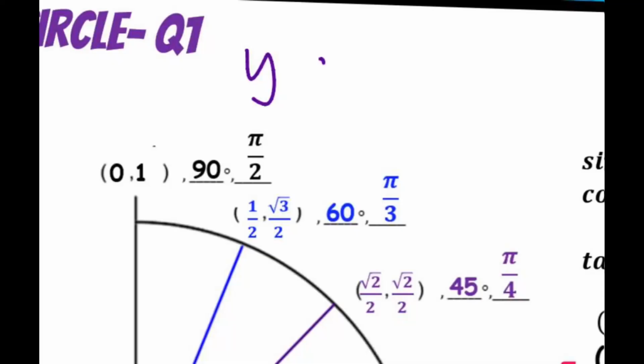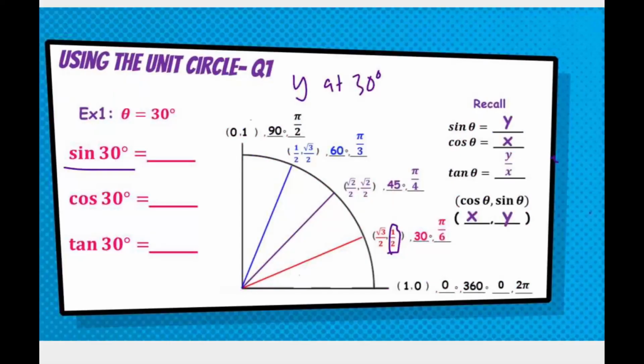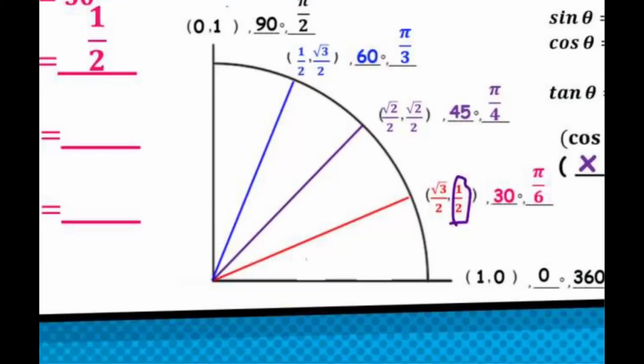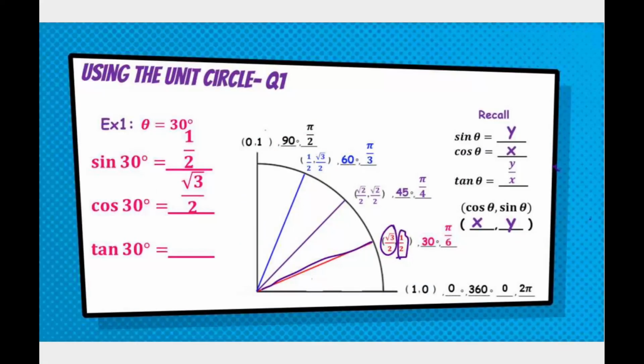What is y at the 30-degree mark on the unit circle? That is 1/2. That is where I'm getting this 1/2 from. Cosine of 30 is saying go to the 30-degree mark again, and this is telling me look at x, because cosine is x. And so I get square root of 3 over 2. Tangent of 30 is saying go to the 30-degree mark and do y over x. So let me show you what this algebra looks like.